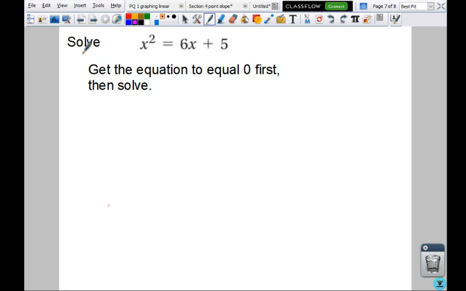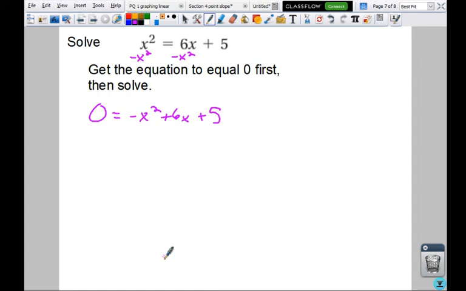I could subtract x squared from both sides, or I could subtract 6x and 5 from both sides. So I could get 0 equals negative x squared plus 6x plus 5, or I could go the other way. And then after we do that, we can do our quadratic equation. So make it equal 0 first, then solve.